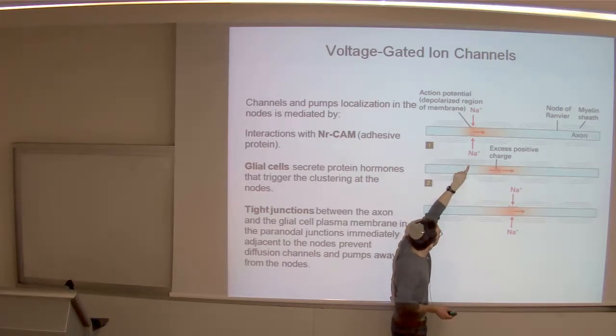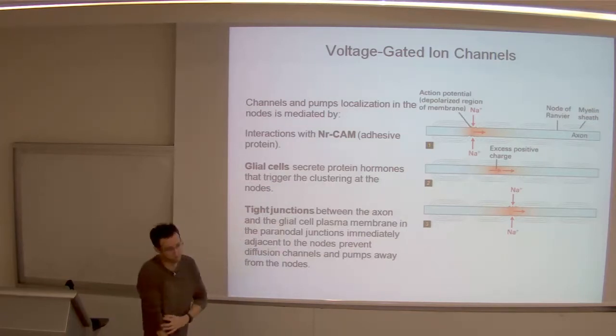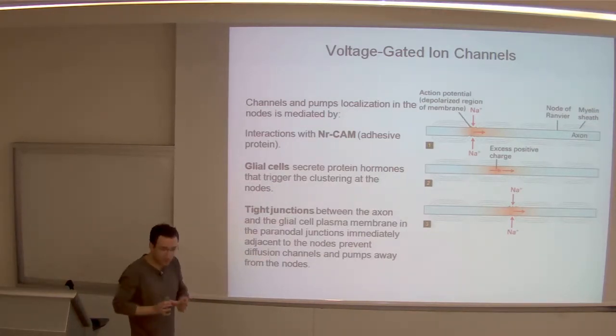This paranodal junction is where you find a high concentration of tight junctions. And these tight junctions form an isolated sort of island of plasma membrane where there is no exchange of proteins from inside this island with outside of this island.